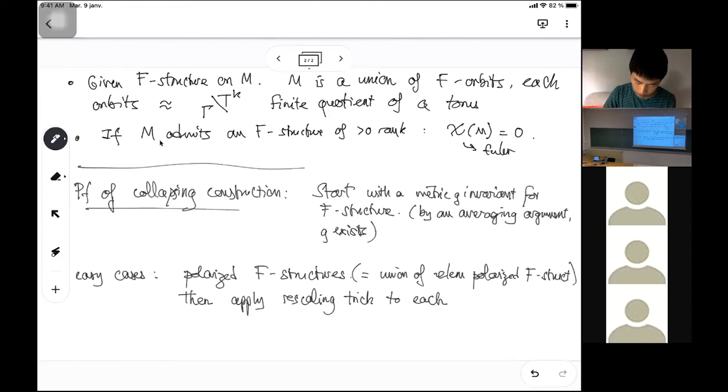That's no problem, because again, the killing fields are nowhere vanishing because the action is supposed to be free, polarized. And then you use a cutoff function argument to glue these together.